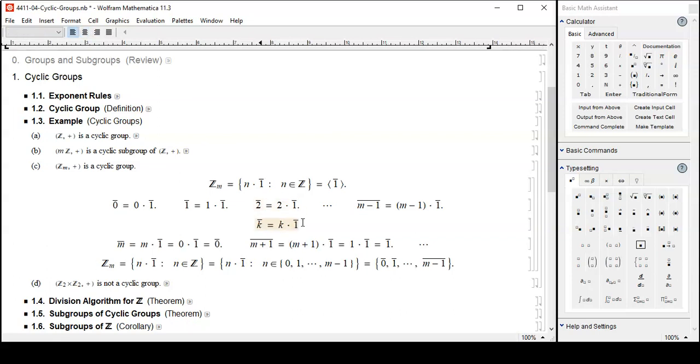What do you mean by that? That is, we begin from 0 bar by definition, and then add up 1 bar how many times? Repeatedly? k times.